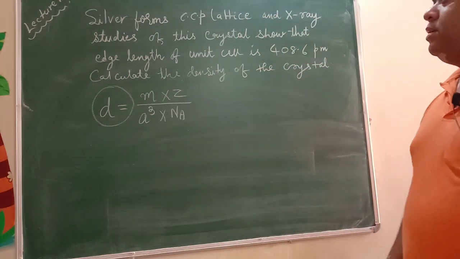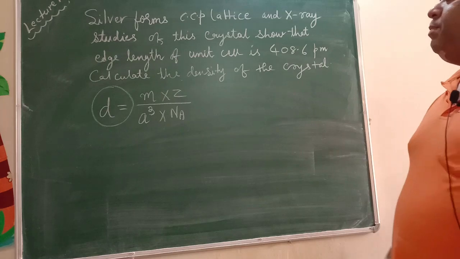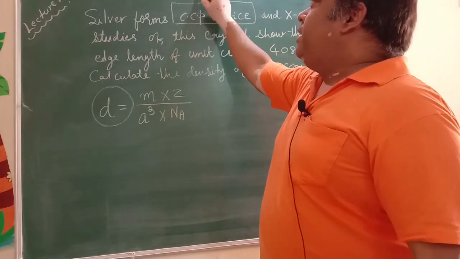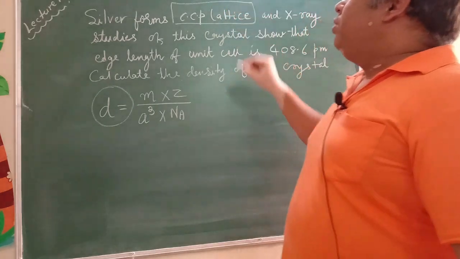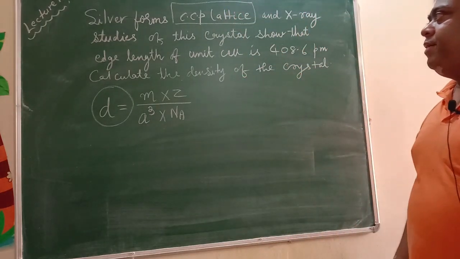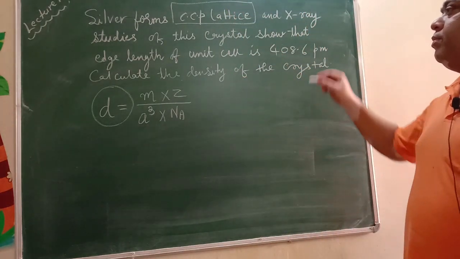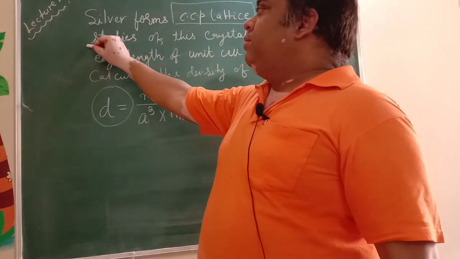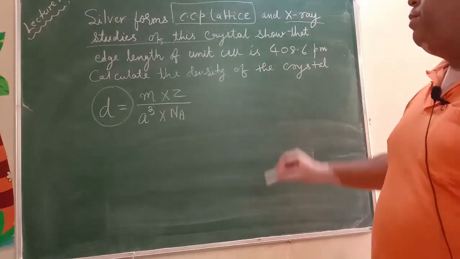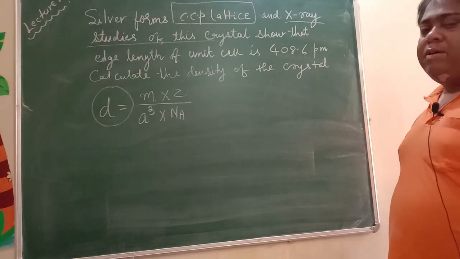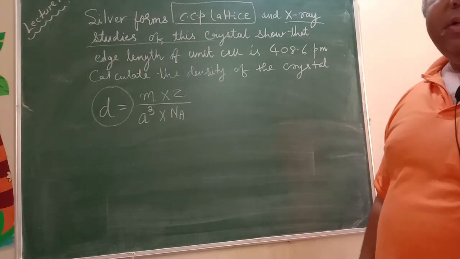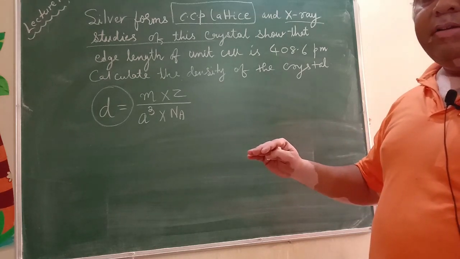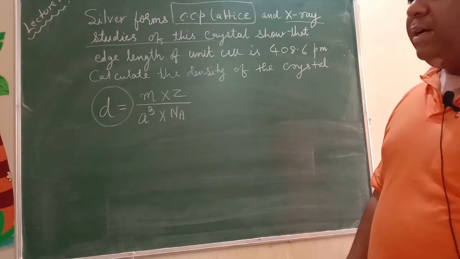The question says silver forms CCP lattice. So from here we get that Z is equal to 4, because we have seen that in CCP and FCC Z is equal to 4. X-ray study is actually a technique to find out the physical properties of any crystal, like the distance between the two layers of the unit cell, which we can find out by passing light through it.